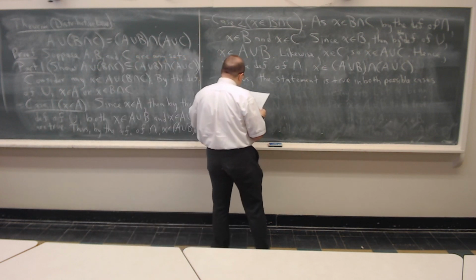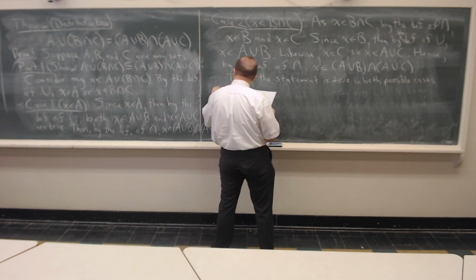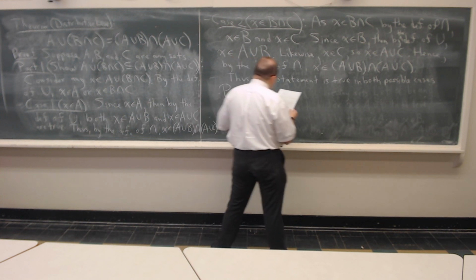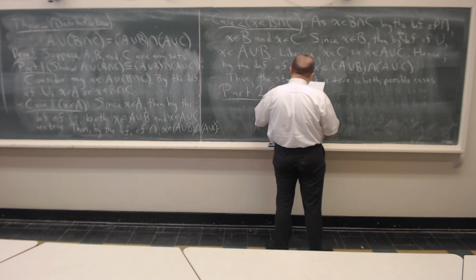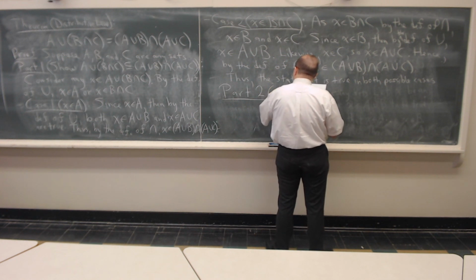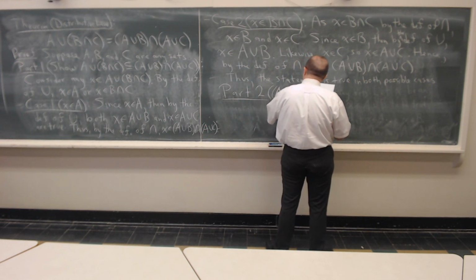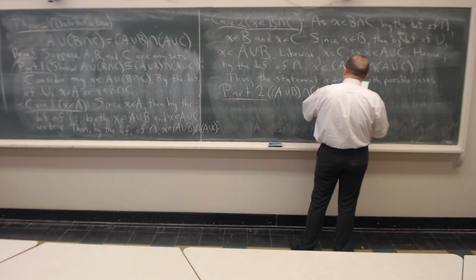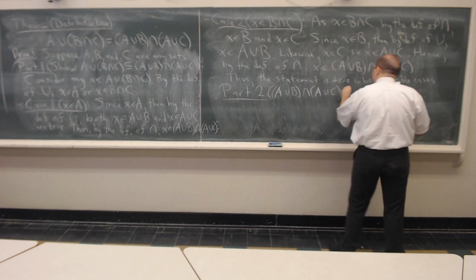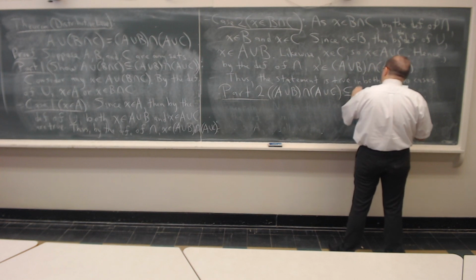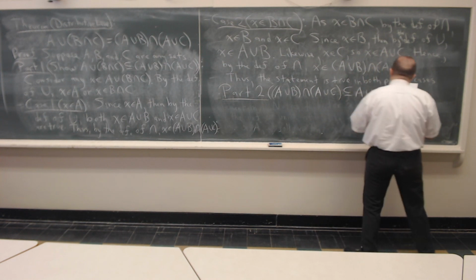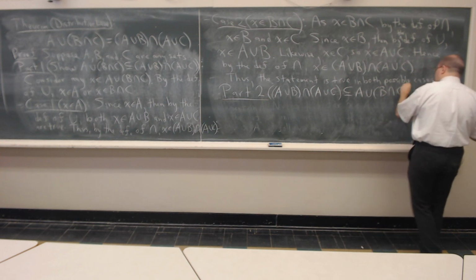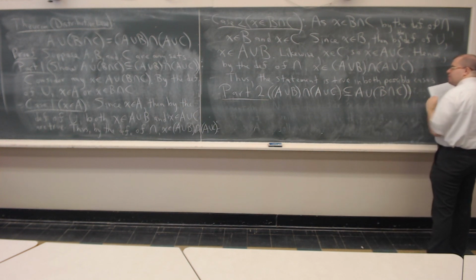Now I have to do part two. Part two is me saying I need to show that A union B intersect A union C is a subset of A union B intersection C. That's what I need to show for my next part.